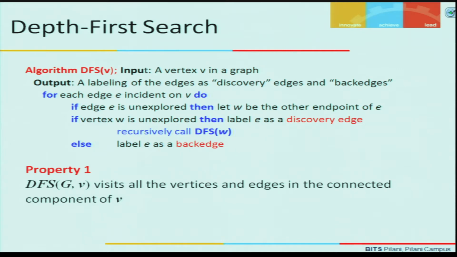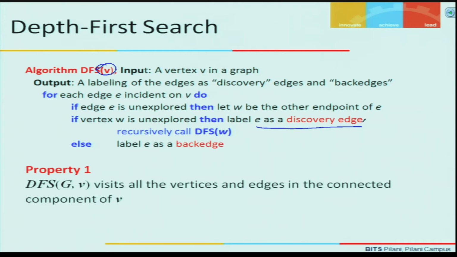So, w now becomes our current vertex. The current vertex is v initially as we start, we take an unexplored edge which is e and let w be the endpoint. If w is unexplored, we are going to call e a discovery edge.